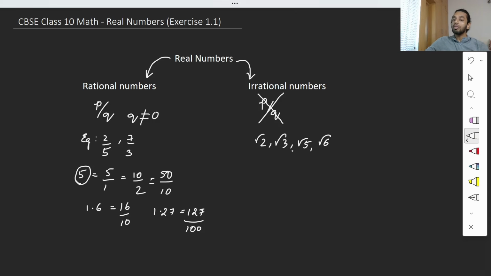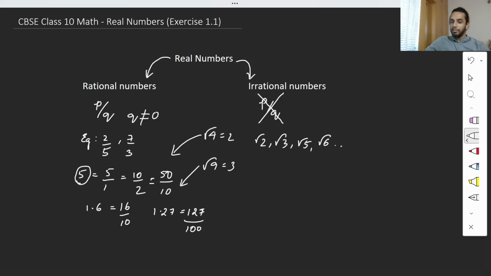Any non-perfect square number that comes under a square root is an irrational number, because root of 4 would become 2 and root of 9 would become 3, and those come under the category of rational numbers. So the number inside the square root should be a non-perfect square. Only then will it be an irrational number.